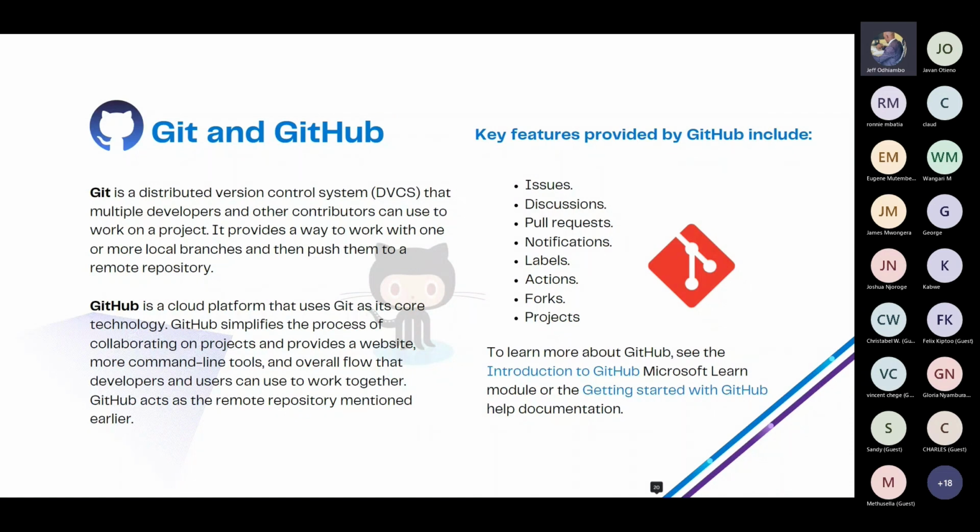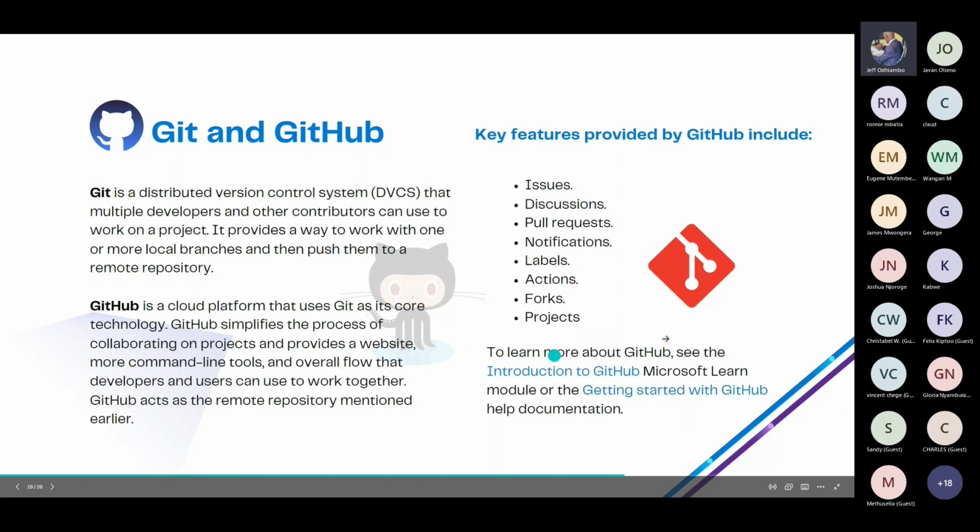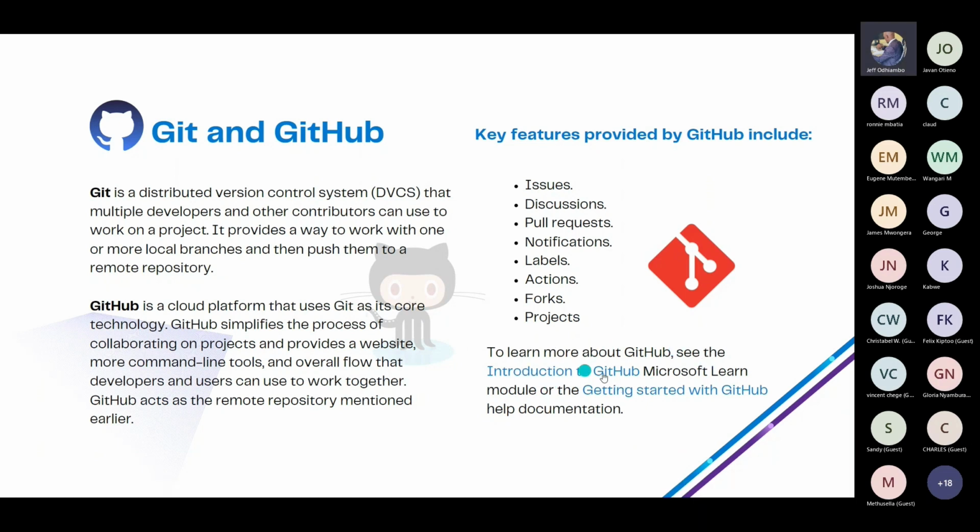So it's majorly a cloud platform whereby you store your project. When you create an account on GitHub, your project will be managed centrally, whereby you can access it remotely, either on a phone, a laptop, a desktop or any other place. And if you want to learn more about it, I'll share this link whereby you can learn how to work with GitHub and Git as well.